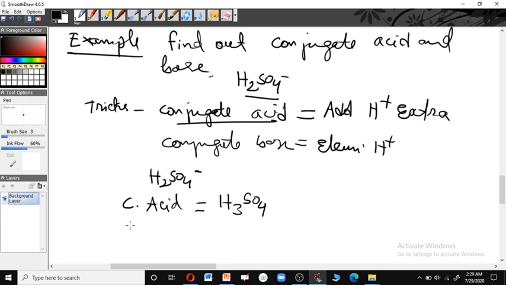And the conjugate base will be, if you remove 1 hydrogen, you get SO4, and since 1 electron has been left behind, the negative charge will increase to 2 minus. So in this way, the conjugate acid and conjugate base can be easily identified.